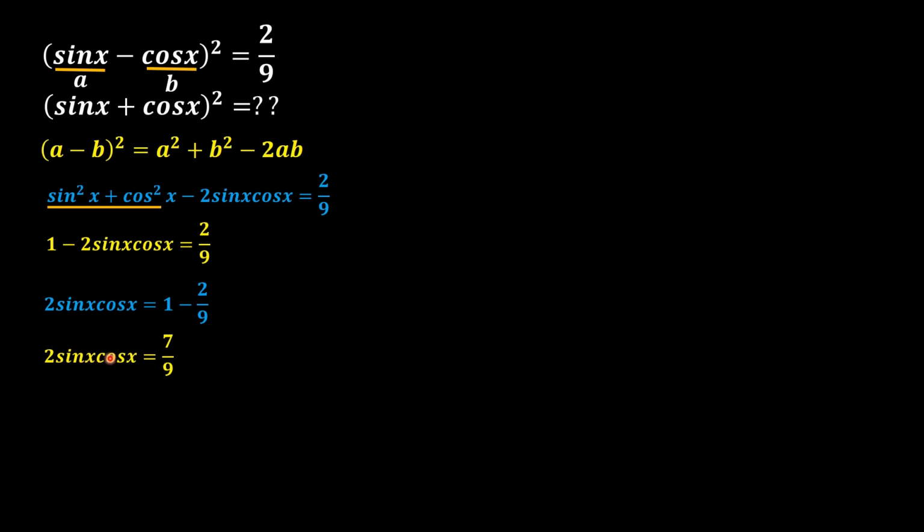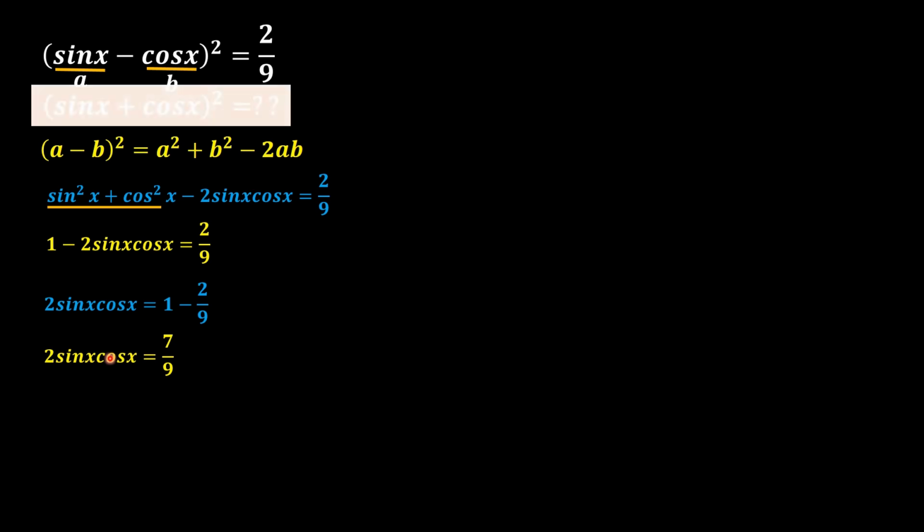Now we take the next expression, which is (sin x plus cos x) whole square. From the (a plus b) whole square formula, if sin x is a and cos x is b, then this expression can be expanded as sin square x plus cos square x plus 2 sin x cos x. From the trigonometric identity, sin square x plus cos square x is equal to 1, and 2 sin x cos x can be replaced by 7 over 9.